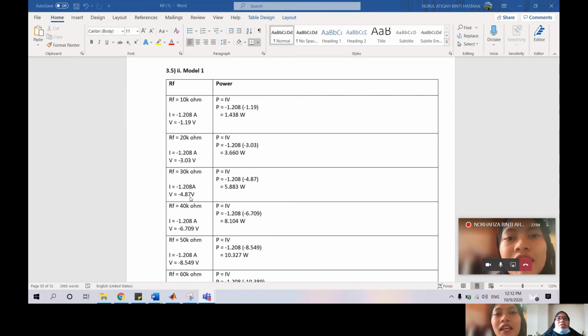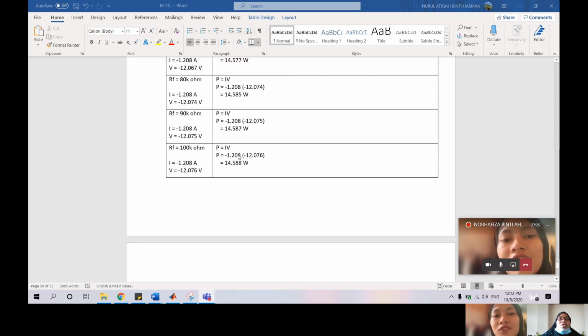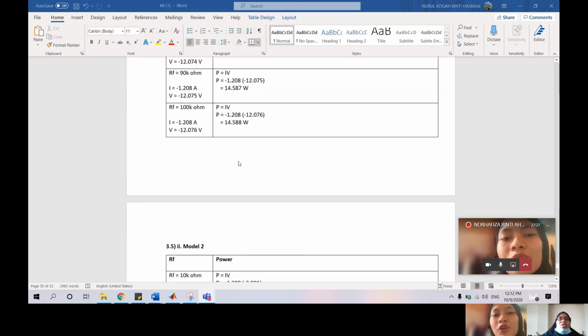As you can see, to find the power for each model, the power is calculated using the P equal to IV formula. The value of power, starting from the 10 kilo ohm feedback resistor, is 1.438 until, can you scroll down, until 14.5008.